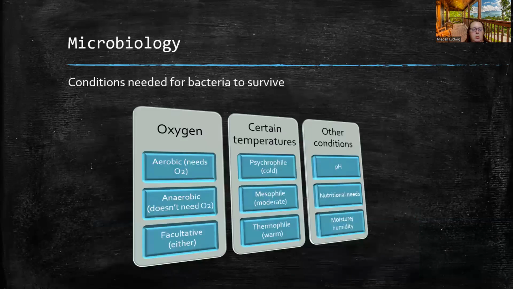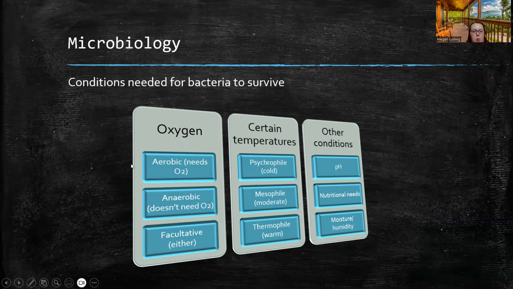So when we're talking about microbes, what do they need to survive? Or particularly bacteria, because viruses are a whole different thing. Bacteria might require certain oxygen, temperature, or other conditions to survive. It's not one size fits all, okay? Different bacteria require different things. Some love oxygen, some require oxygen to survive.